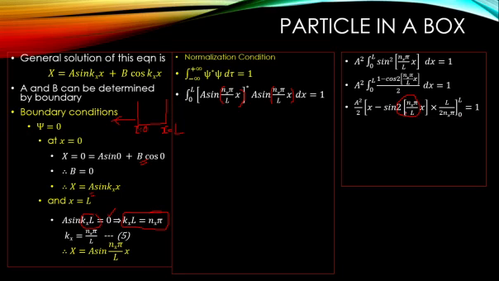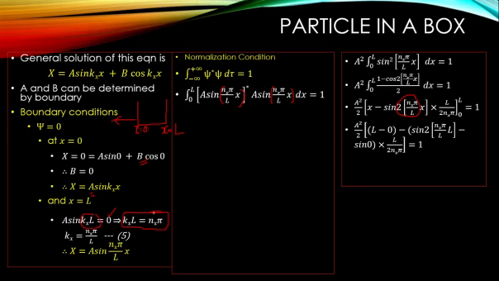Now if you apply the limits, by giving the maximum limit as L, you'll get L minus sine 2 nx pi by L into L. So L and L will cancel off, so remaining is n pi. So what is sine of n pi?